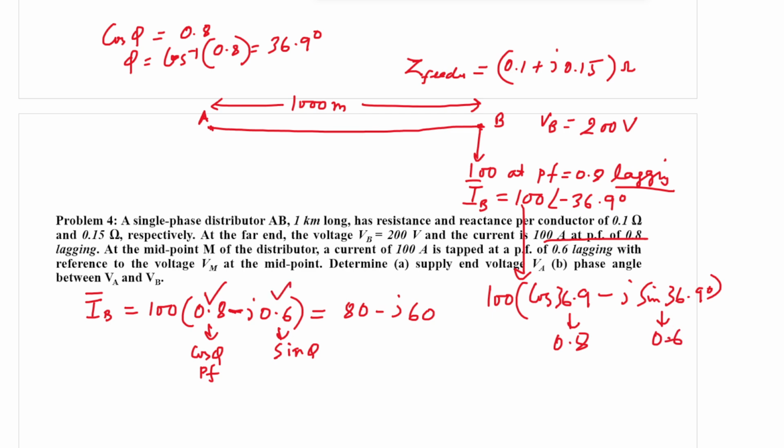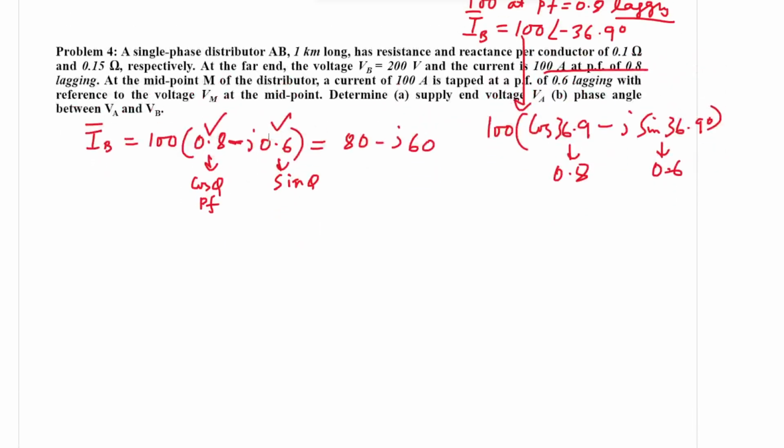So from there you will get IB equal to 80 minus j60, and VB is equal to 200 at an angle 0 volt, because we treat this one as the reference phasor.